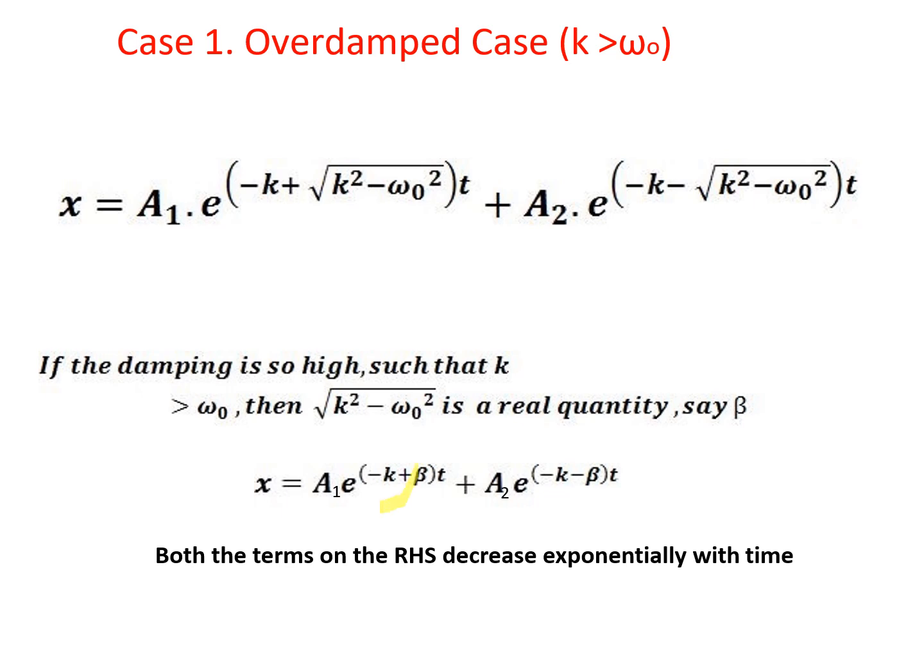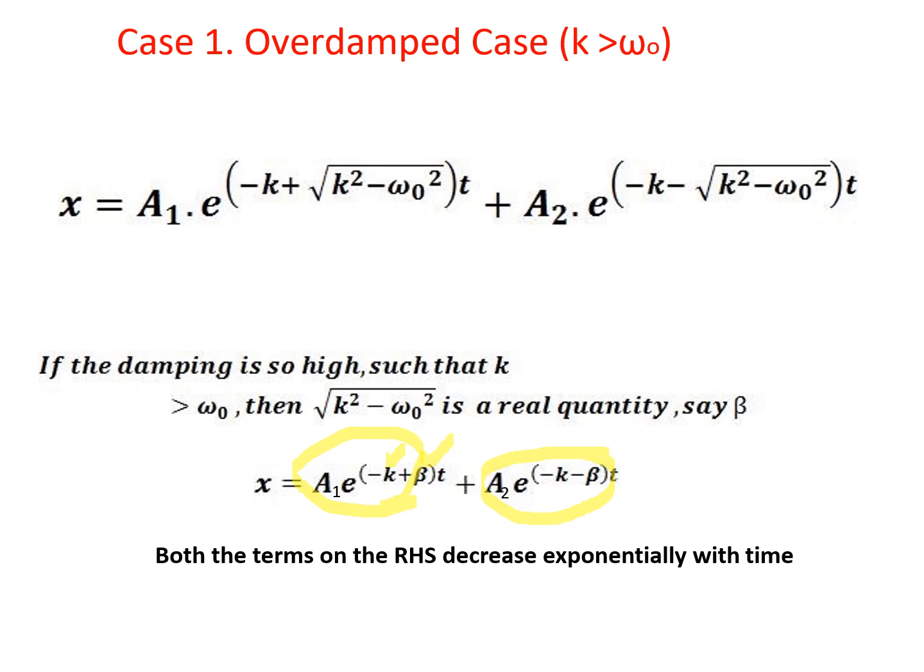If you look at the first term on the right hand side, you can see e raised to minus (k plus beta) into t. Here, since k is much greater than beta, the first term will be a negative exponential. That is, it will be A1 into e raised to minus some term. Also, the second term also decreases exponentially with time.